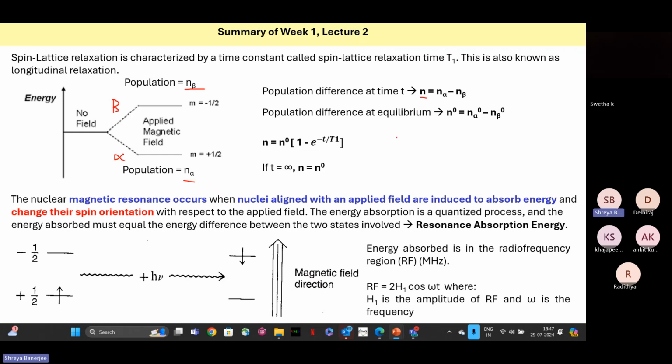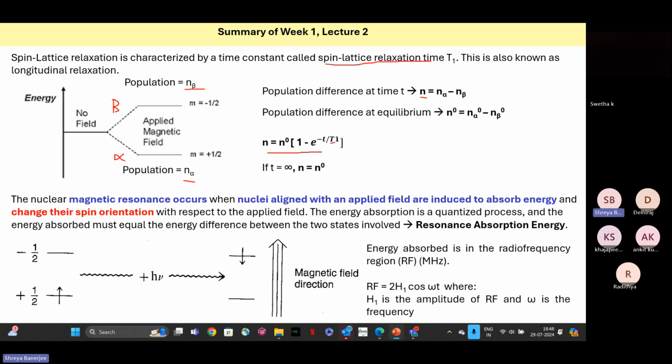And the population difference at equilibrium is n alpha 0 minus n beta 0. Then the equation is n equal to n0 into 1 minus e to the power minus t by T1, where T1 is your spin lattice relaxation time.